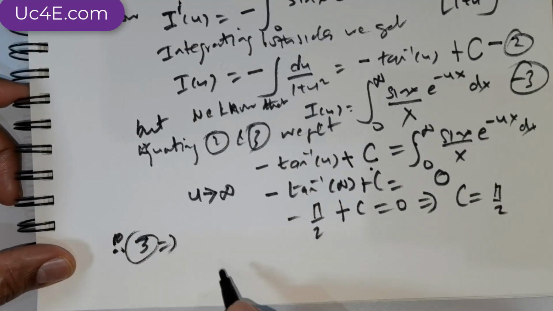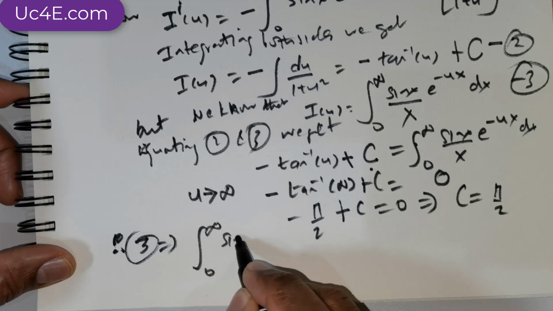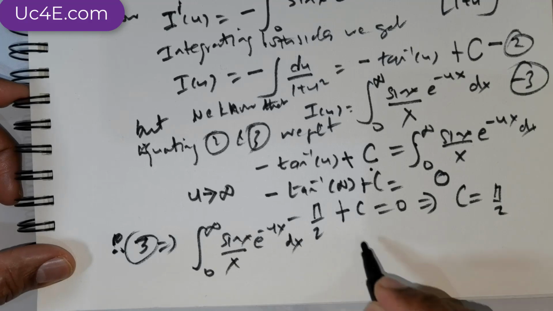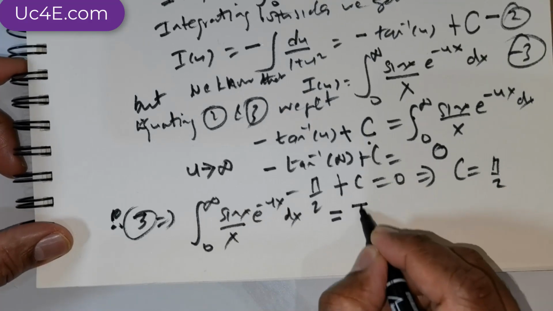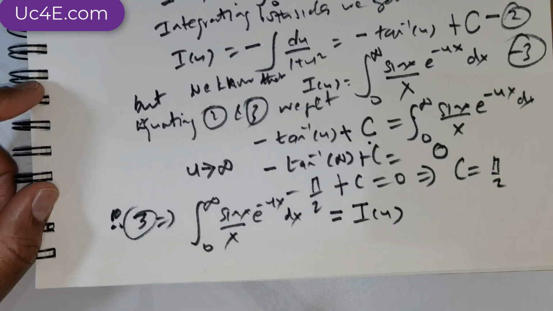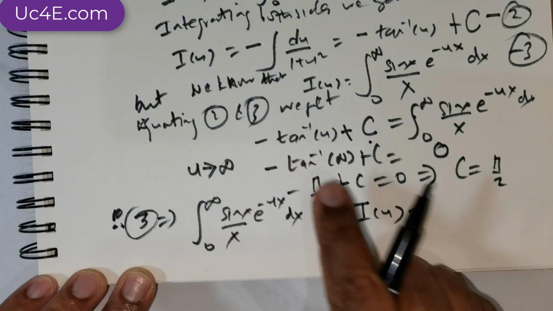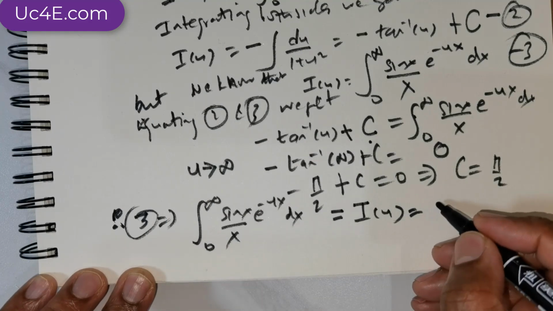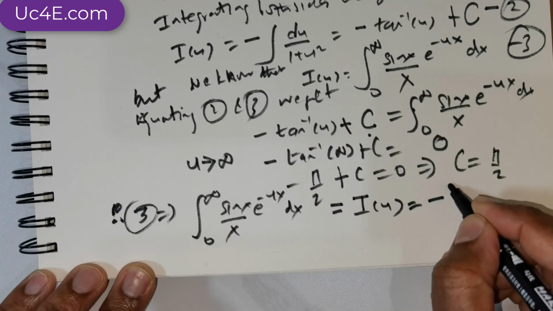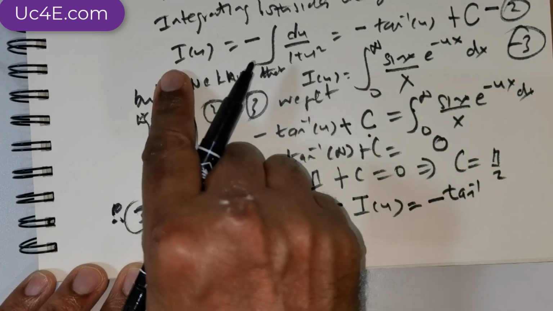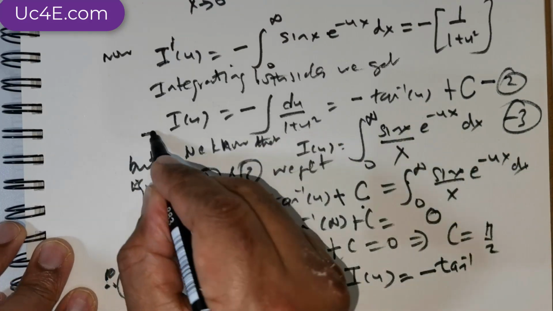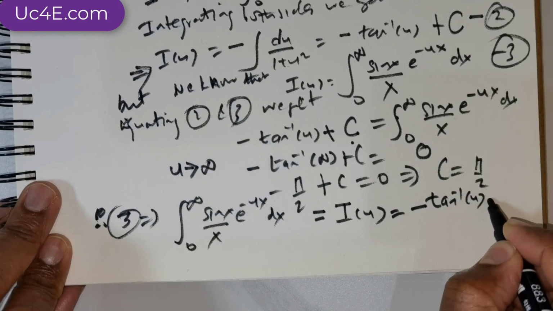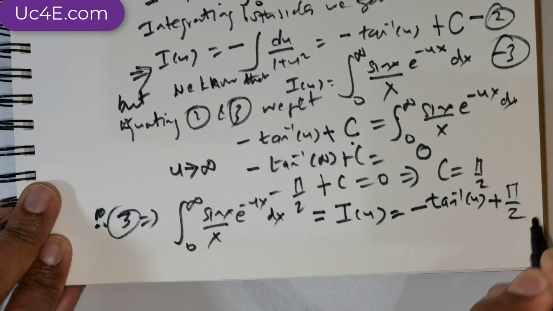Therefore 3 will imply integral 0 to infinity sin x over x e raised to the power of negative ux times dx is equal to I of u, which is equal to negative tan inverse of u plus c, because that's exactly what we got. So tan inverse of u plus c. What is my c? c is going to be equal to pi over 2.